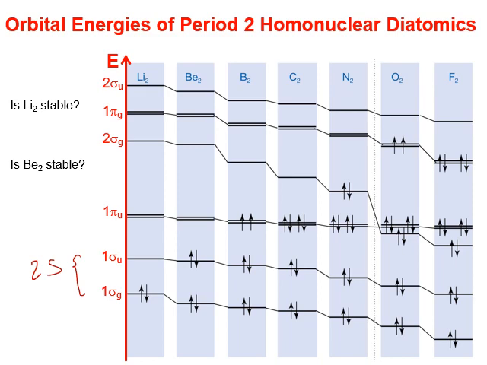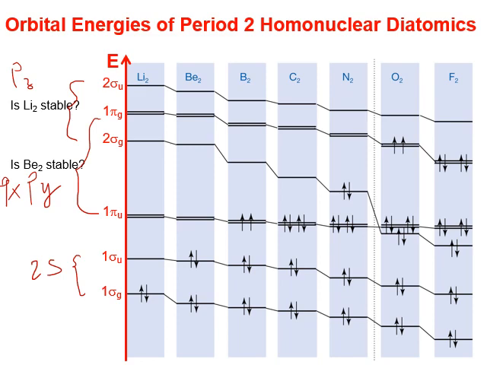The 2 sigma g and 2 sigma u are due to the pz atomic orbital interaction, and the 1 pi u and 1 pi g are due to the px and the py interaction. So they are pi molecular orbitals.